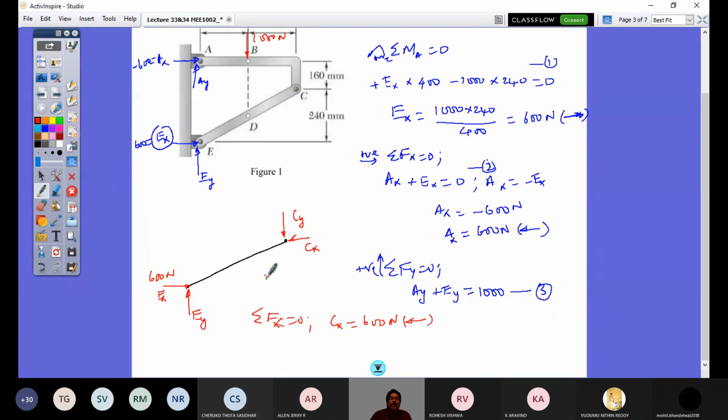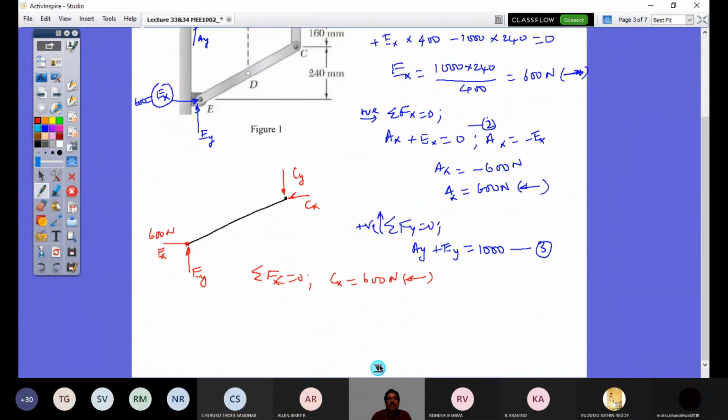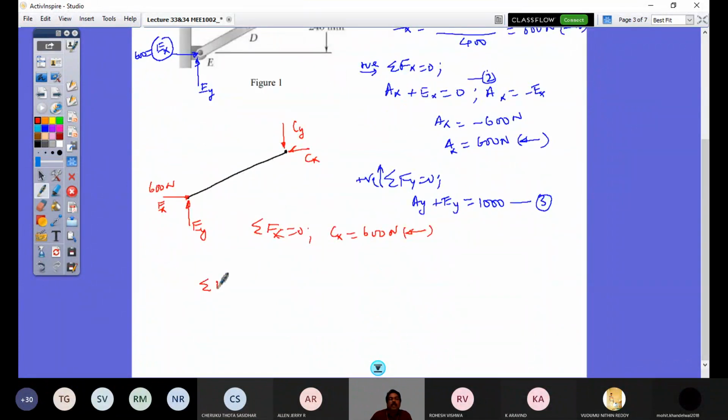By knowing the Cx value, I can find out what is my Cy value just taking moment about point E, right? So take moment about point E, and that's equal to 0. So if I take moment about this point, I will get what is Cy. So Cx is 600 Newton, and that would create at point E a counterclockwise moment.